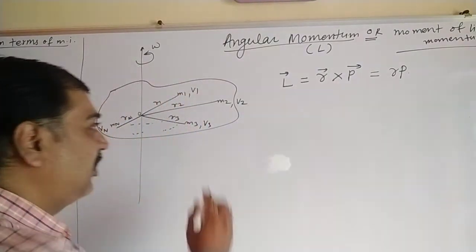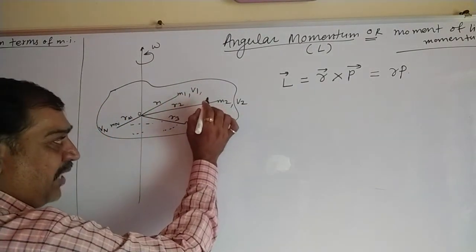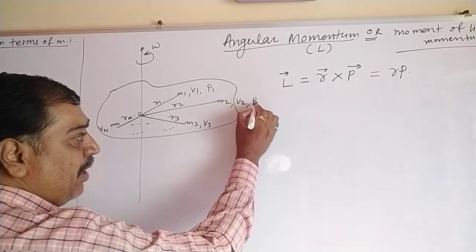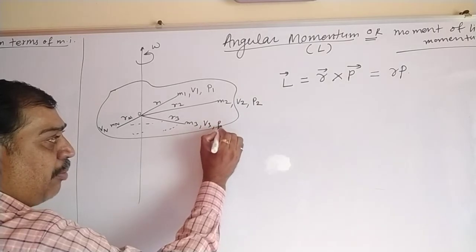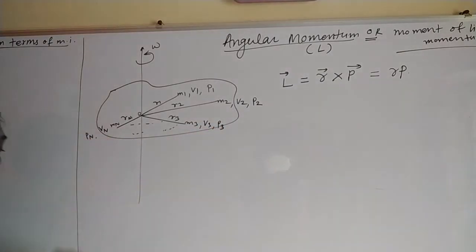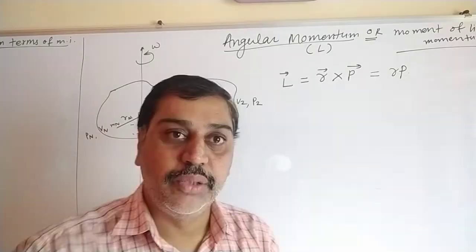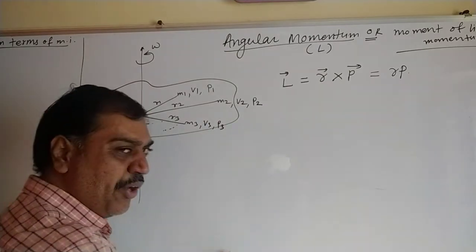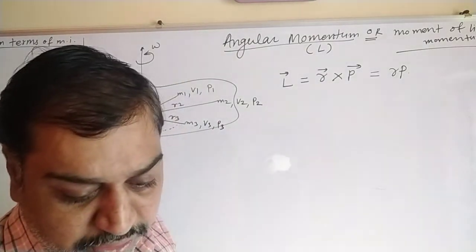The first particle has mass m1, velocity v1, and linear momentum p1. The second has linear momentum p2, the third has p3, and so on up to mn, which has linear momentum pn. According to your book, they have mentioned the velocity first.